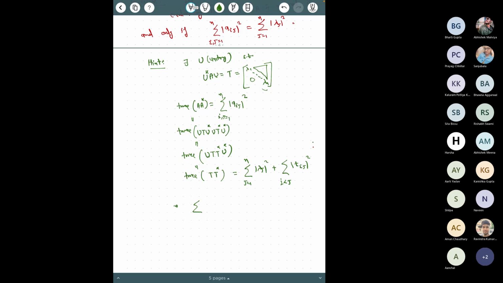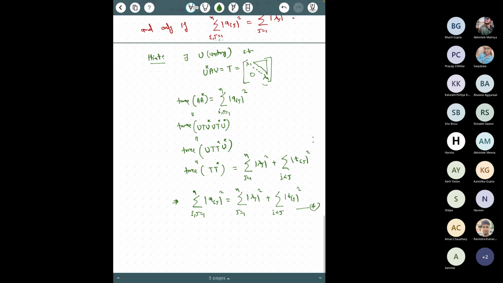So by Schur's lemma we can find U such that U star AU is upper triangular, and from that it follows that this is always true. Let us denote this equation by star. So for any given matrix, this is true.